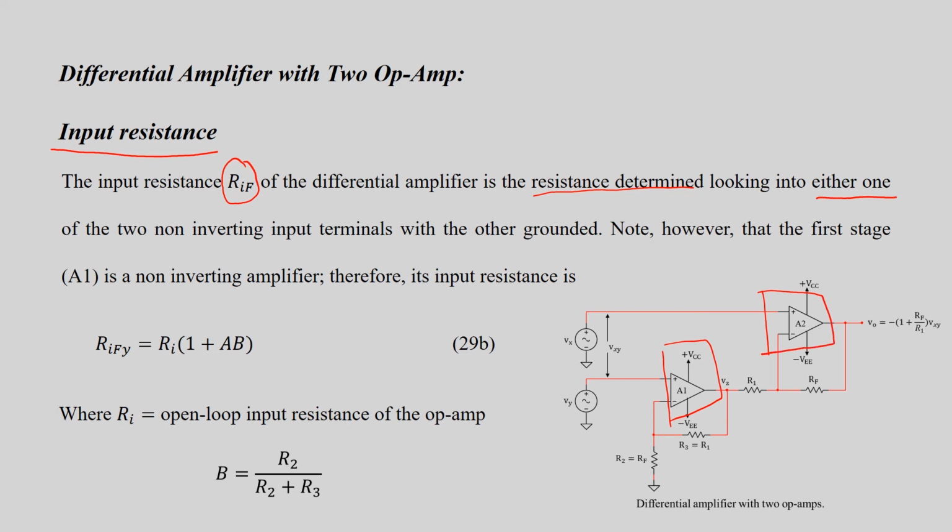The input resistance RIFX is RI into 1 plus AB, where RI is the open loop input resistance of the op-amp, because this is the case of a non-inverting amplifier, and we also know B is equal to R2 over R2 plus R3.